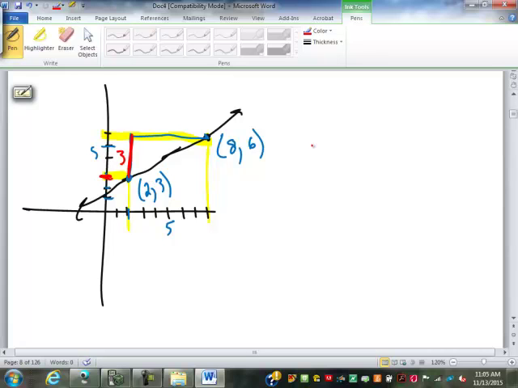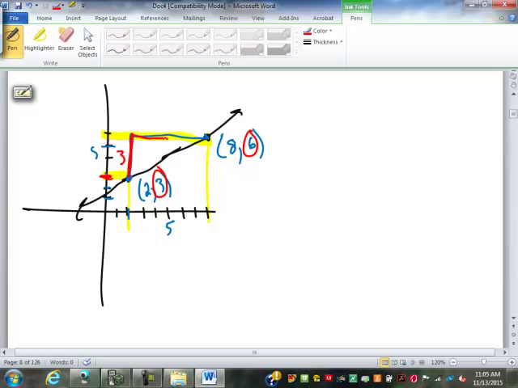Now looking at those coordinates, the 2, 3 and the 8, 6, is there a way we could have got that rise of 3 just from the coordinates without drawing it on the graph? Yeah. The 3 and the 6, the change in the y coordinates is a rise. Makes sense. Y goes up and down, rise goes up and down.